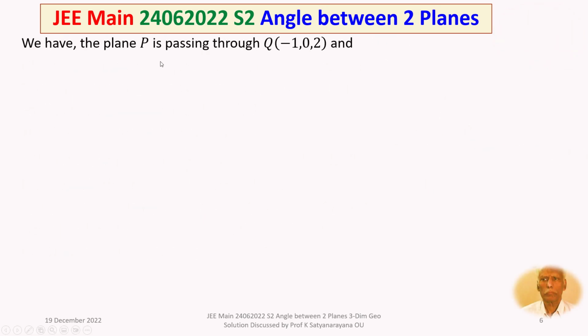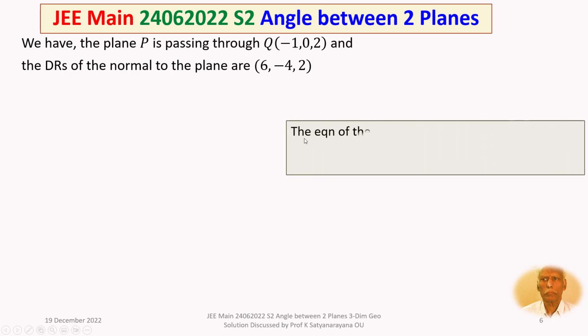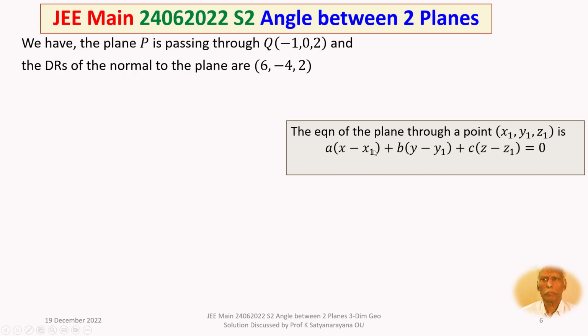We recall the equation of the plane through a point (x1, y1, z1) is a(x - x1) + b(y - y1) + c(z - z1) = 0, where a, b, c are the direction ratios of the normal to the plane.